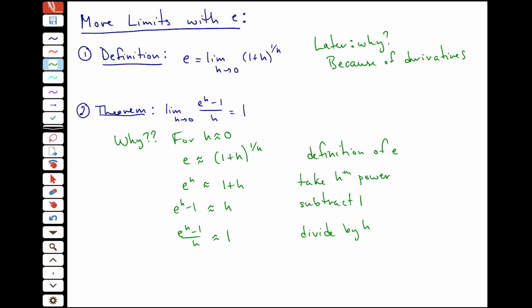That's exactly this theorem. So for h close to 0, we see that the definition in 1 tells us the limit in theorem 2, that e to the h minus 1 divided by h gets very close to 1 whenever h gets close to 0.